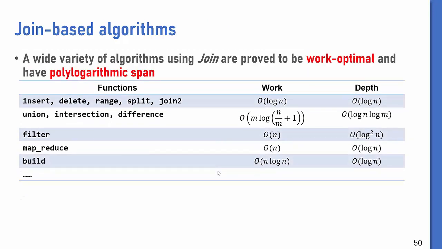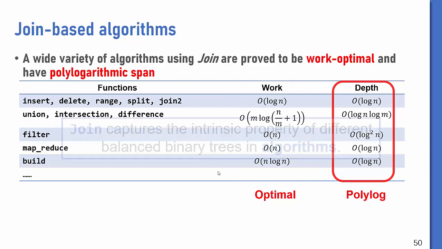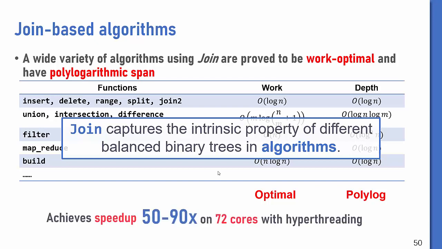As a summary of the join-based algorithms, we've seen a wide variety of algorithms using join that are work optimal and have polylogarithmic span. This tells us that join captures the intrinsic property of different balancing schemes in algorithm design. And these algorithms are also very practical.